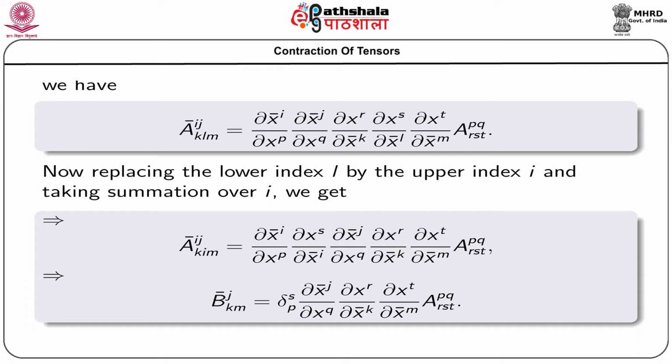So, they are the new components b bar j k m equals del s p. From the first two factors of the previous expression, we get del x s p, and then the last part del x bar j, del x q, del x r, del x bar k, del x t, del x bar m, a p q r s t.